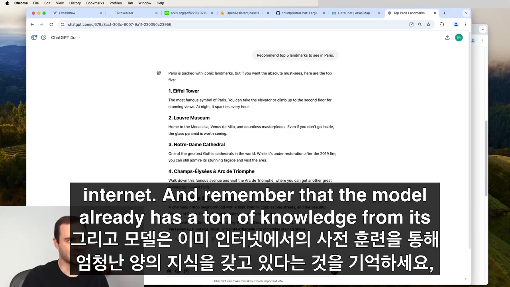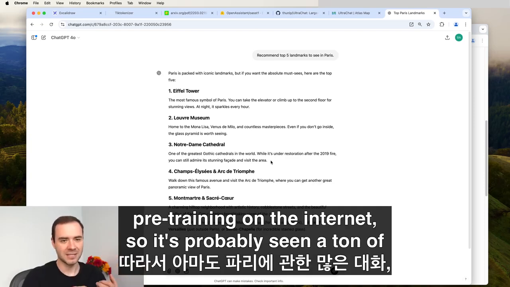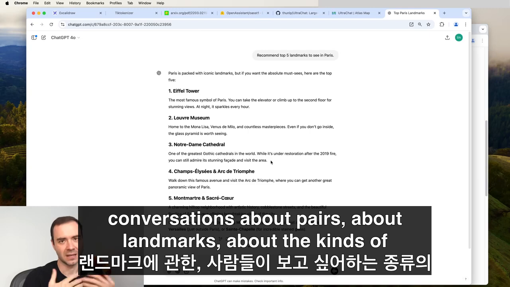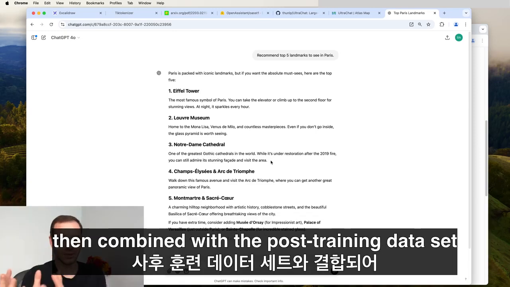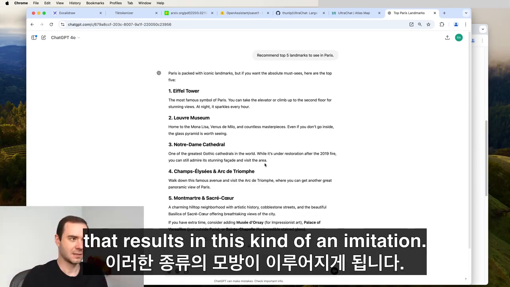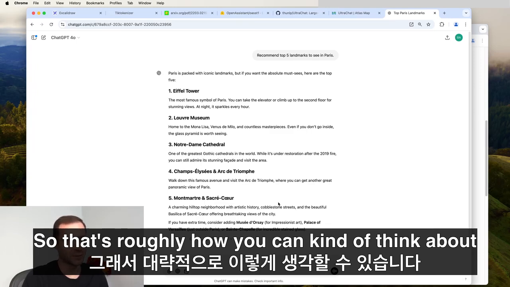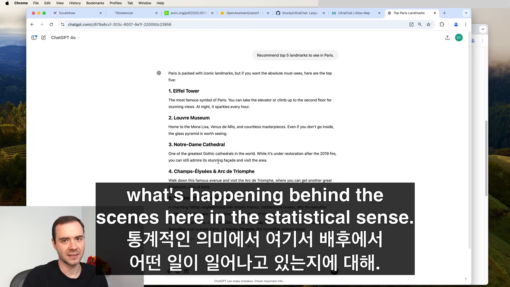And remember that the model already has a ton of knowledge from its pre-training on the internet. So it's probably seen a ton of conversations about Paris, about landmarks, about the kinds of things that people like to see. And so it's the pre-training knowledge combined with the post-training data set that results in this kind of imitation. So that's roughly how you can think about what's happening behind the scenes here in this statistical sense.